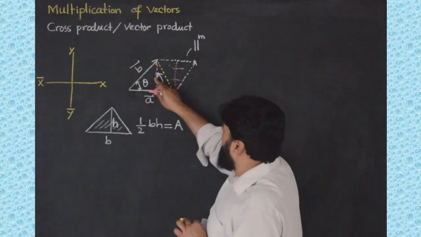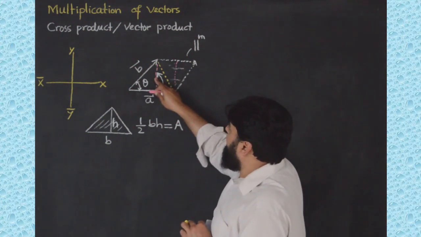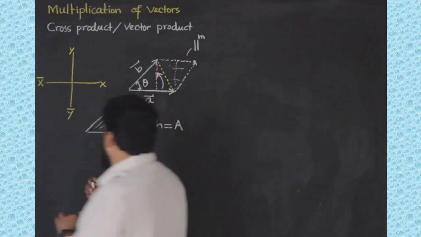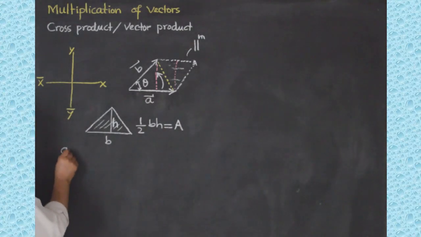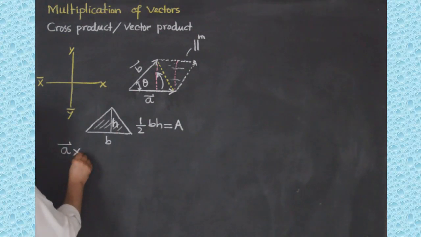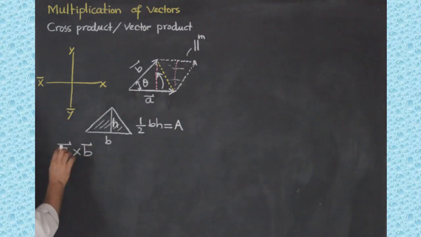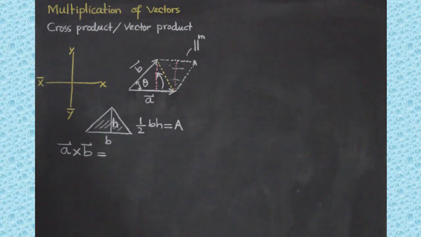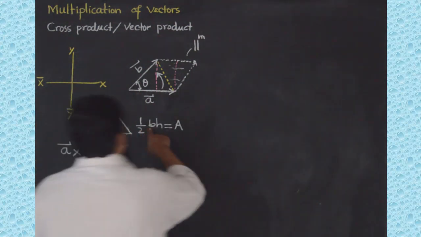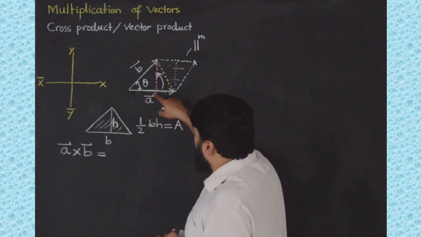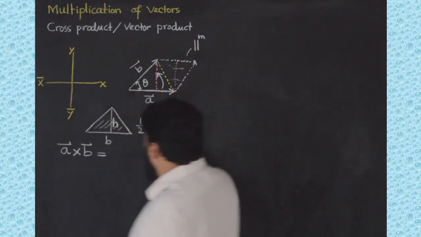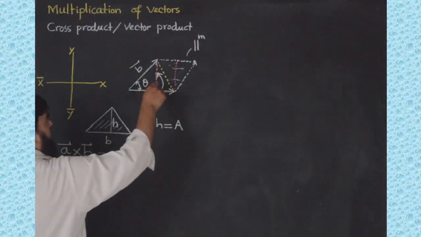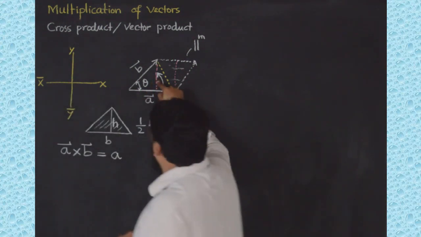So if I find this height, then I can write that the area is equal to A rotated along B, cross means rotation, and this will be equal to BH, where the base here is A, and then the height.